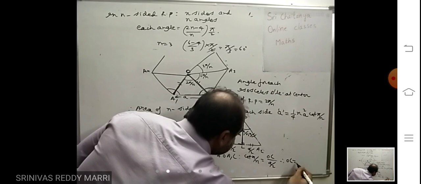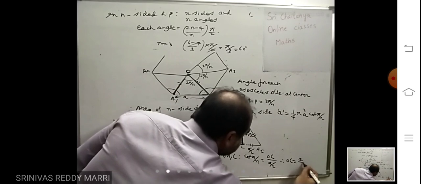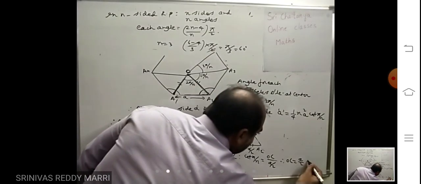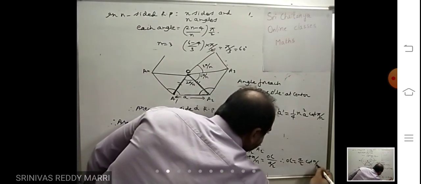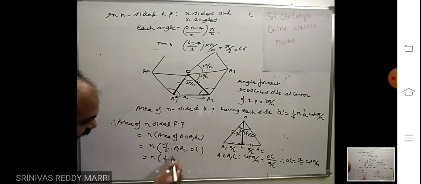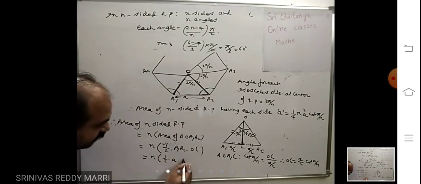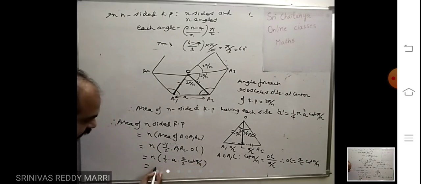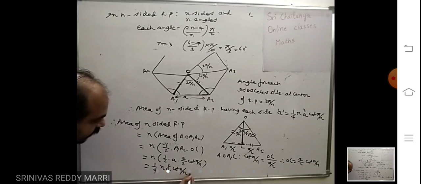Therefore, OL is nothing but A by 2 cot pi by n. So I got OL. Now I will substitute here half into A by 2 cot pi by n. So the formula is 1 by 2 into 1 by 2, 1 by 4 n A square cot pi by n.